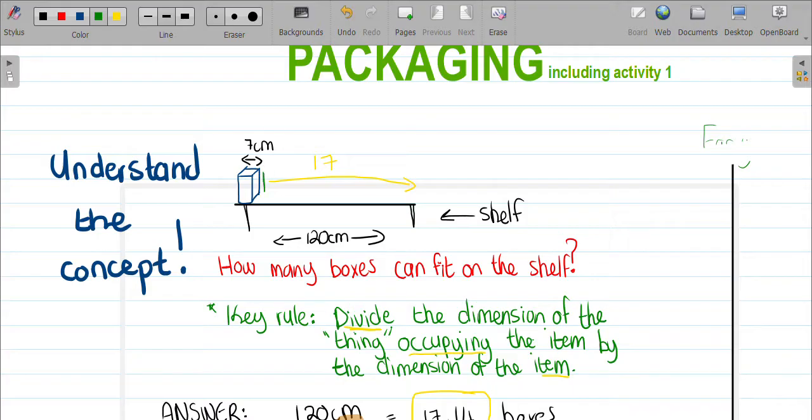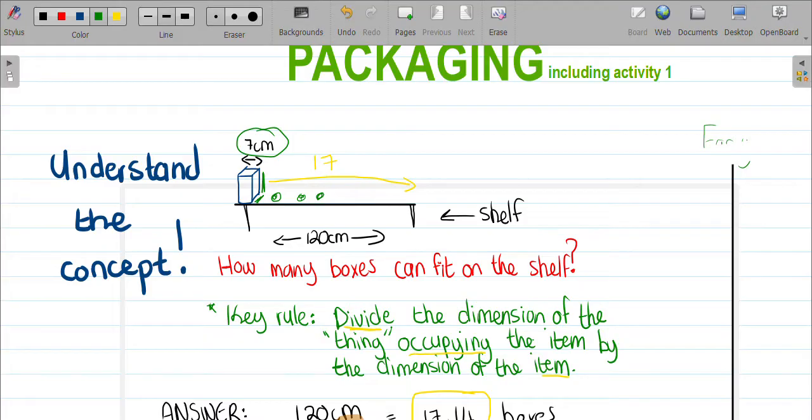We don't want to know the height because that works in the vertical, and then we don't really want to know or deal with the breadth because that works in that direction. We just want to know if we stack a box here, a box here, a box here, we want to know the length, this dimension of the box, which is given to us, and it is 7.